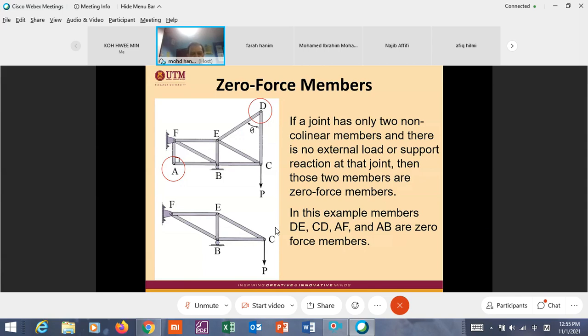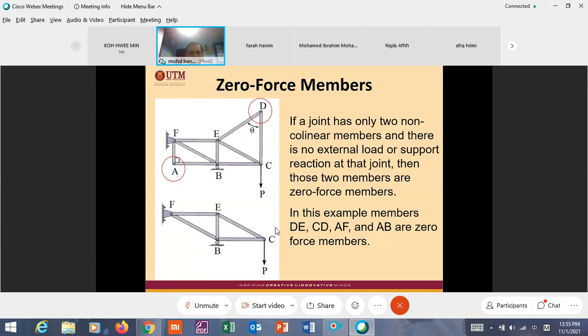In other words, when you remove these two members, this is the rest of the members, and you need to solve only 1, 2, 3, 4, 5, not 9. That's why it is important to understand which members have zero force.